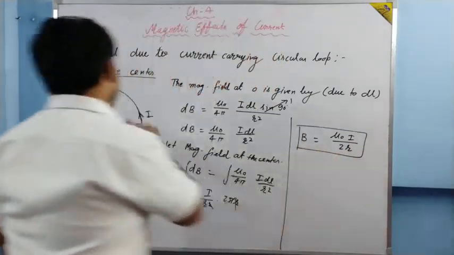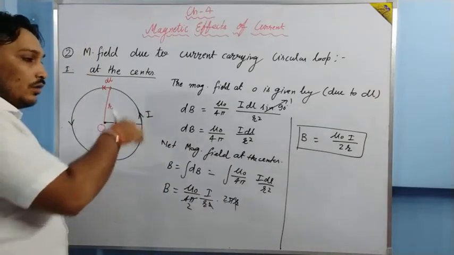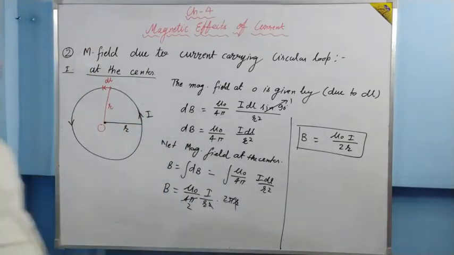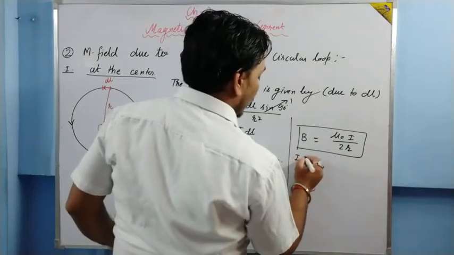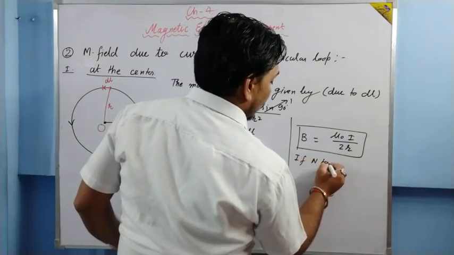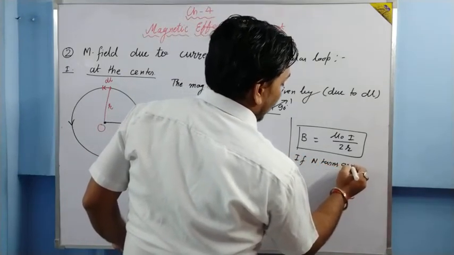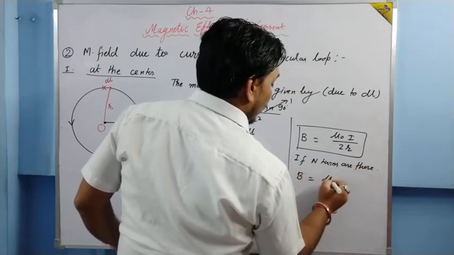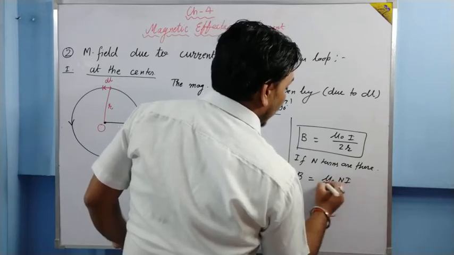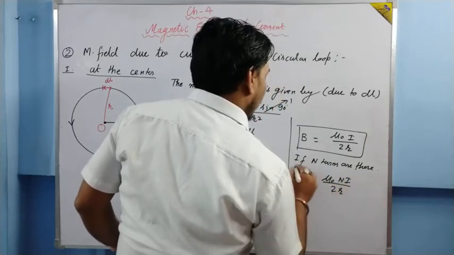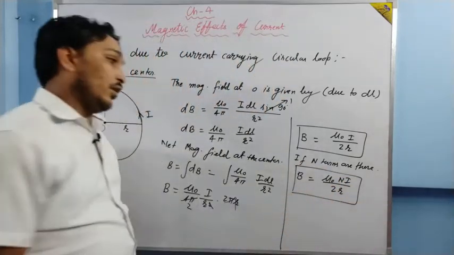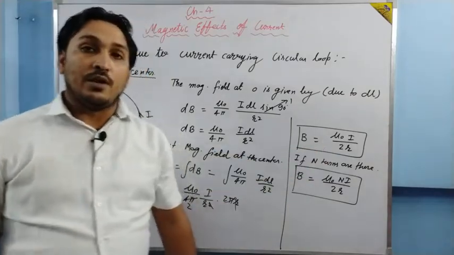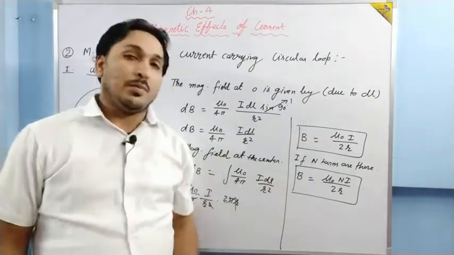If this circular loop consists of n turns, then B will be equal to mu naught N I upon 2r. For one turn, this is the magnetic field. For n turns, it will be simply multiplied by n.